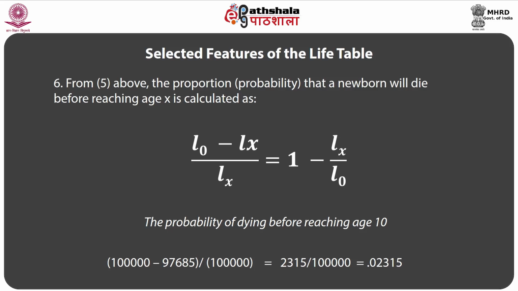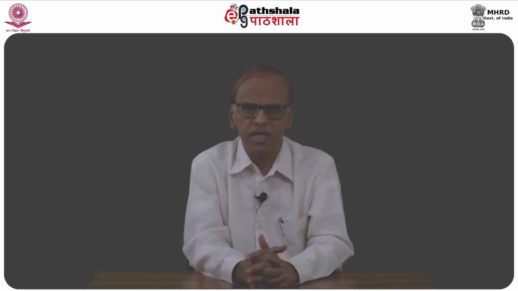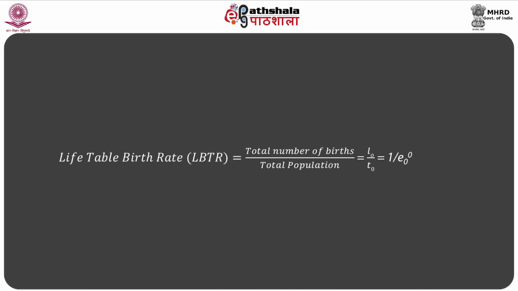Example, the probability of dying before reaching age 10 equals 100,000 minus 97685 divided by 100,000, equals 2315 divided by 100,000, equals 0.02315. Life table birth rate, LTBR, equals the total number of births divided by total population, equals l0 by T0, equals 1 by e0.